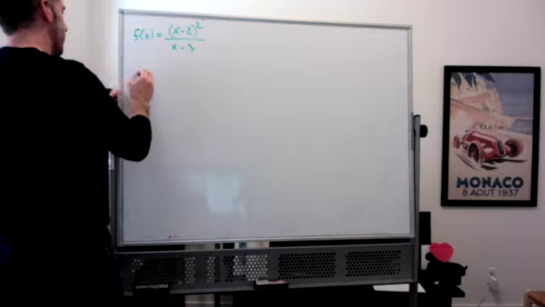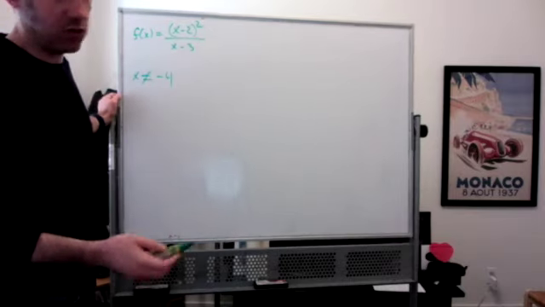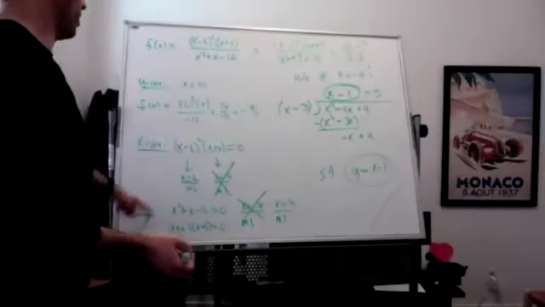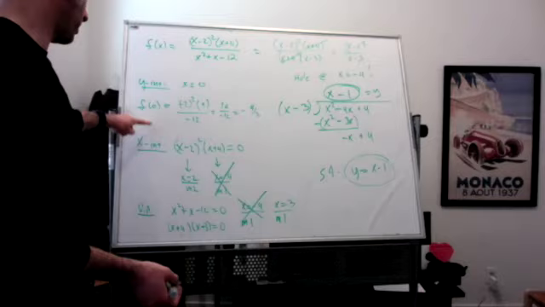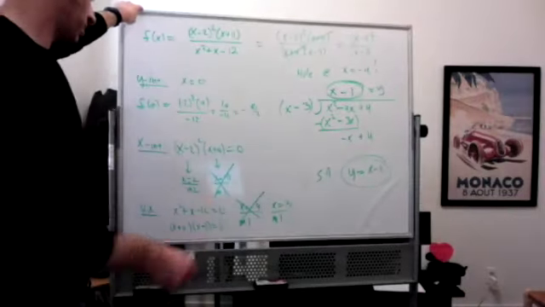And we know that x is not allowed to equal -4. That's where we're going to have a hole. So let's see what we had here. We had a y-intercept of -4/3, an x-intercept of +2, and y plus minus 1. Okay, cool.